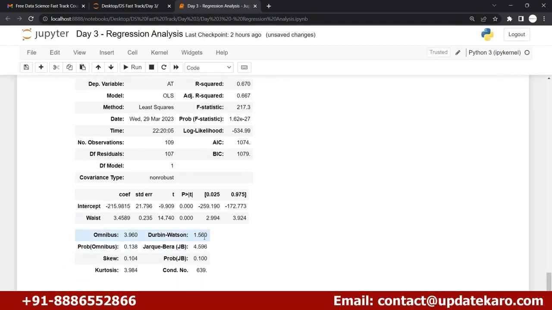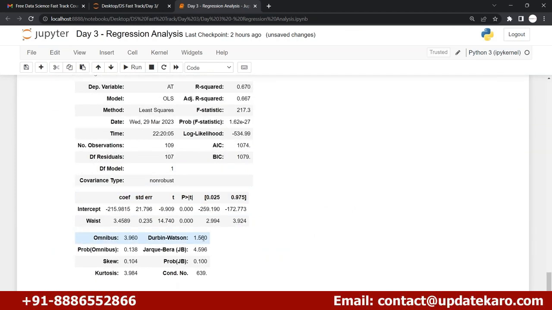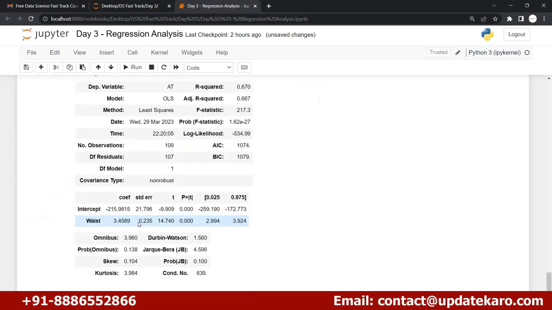Because it can provide a lot of evaluation metrics to me by using just the statsmodels library. So the statsmodels library is very important, guys, if you want to see a summary like this, and it is the only library which gives you a summary like this.